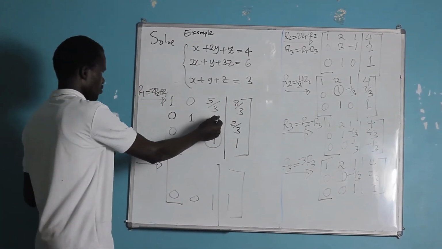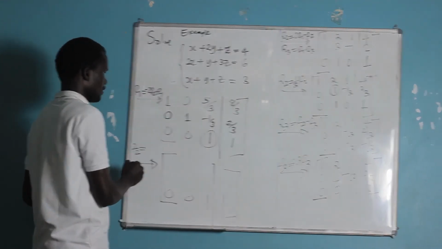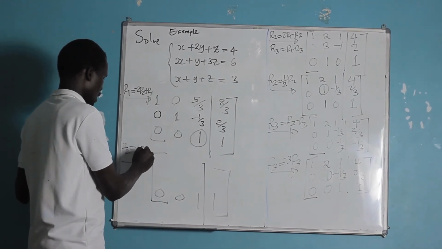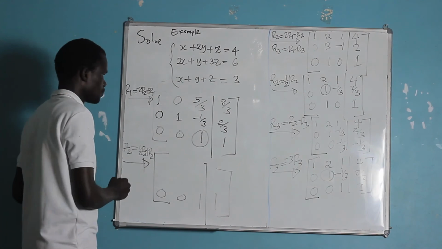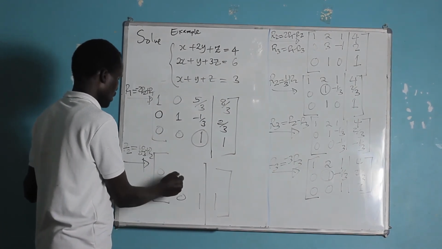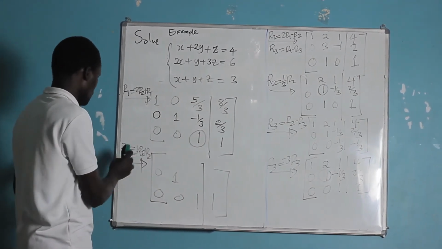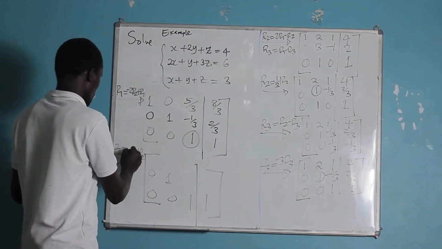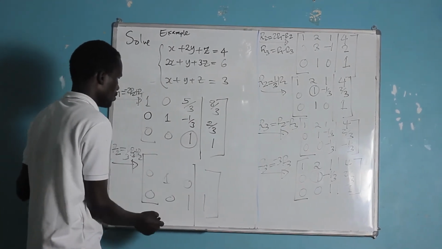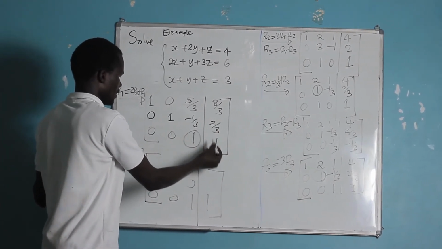So, to get R2, it's just taking 1 over 3 R3 plus R2. So, 0 plus 0 will be 0, 0 plus 1 will be 1, and 1 over 3 plus negative 1 over 3 is 0. And also here, 1 over 3 plus 2 over 3 will be 1.